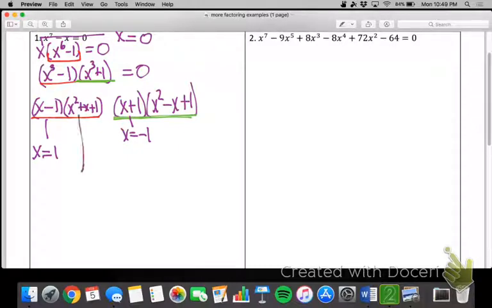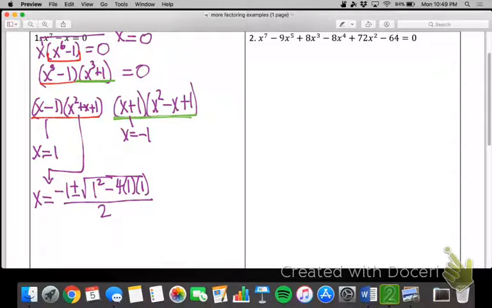To solve this, I'm going to use the quadratic formula. So that's x equals negative 1 plus or minus the square root of 1 squared minus 4 times 1 times 1 all over 2, which will break into negative 1 plus or minus i square root 3 over 2.